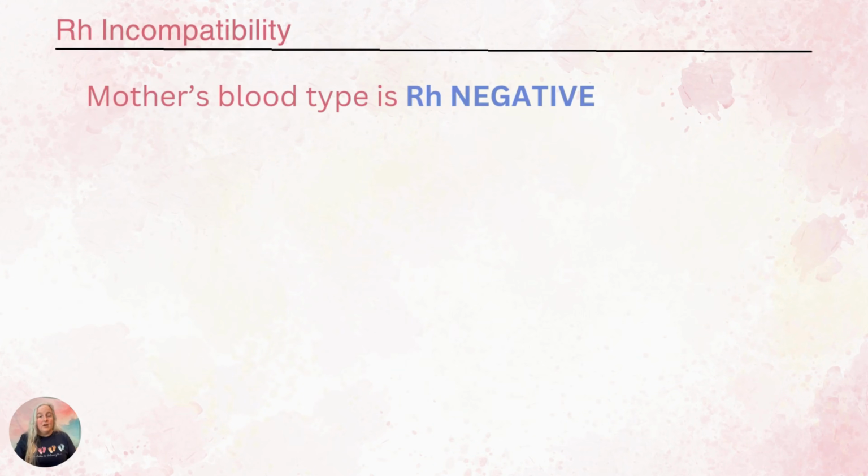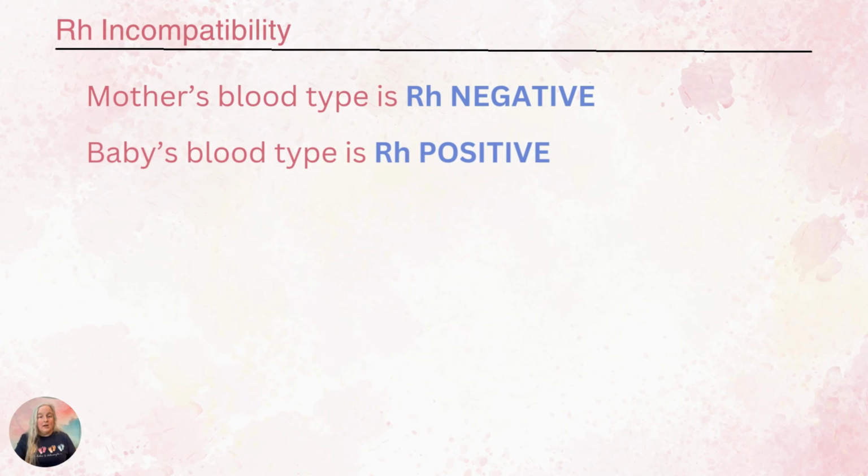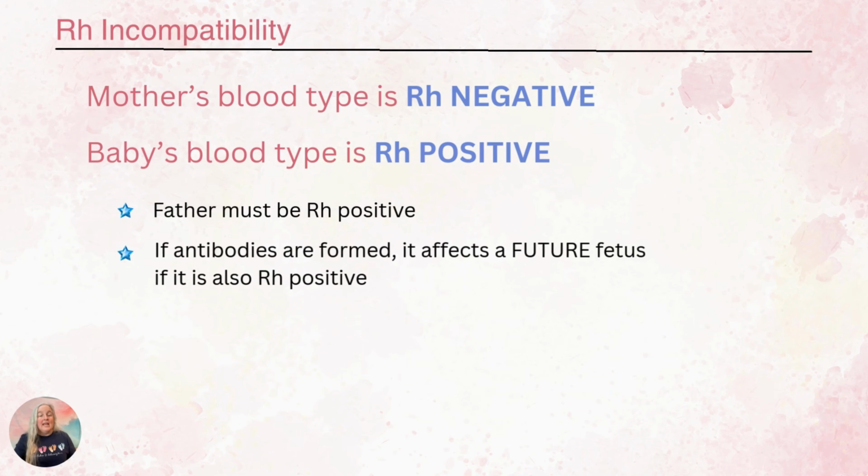So with mom being Rh negative and the baby being Rh positive, the father must be Rh positive in order for the baby to be Rh positive, because we know the mom is Rh negative. If the antibodies are formed, if we don't get RhoGAM, it's going to affect a future fetus that is also Rh positive.